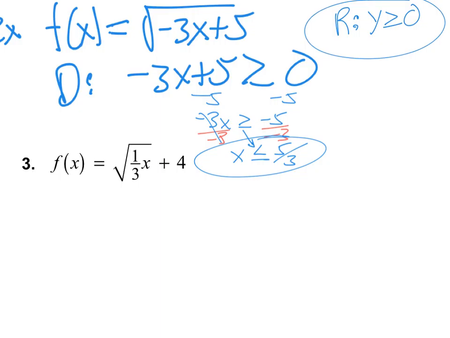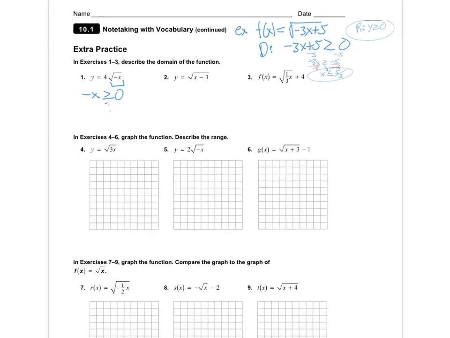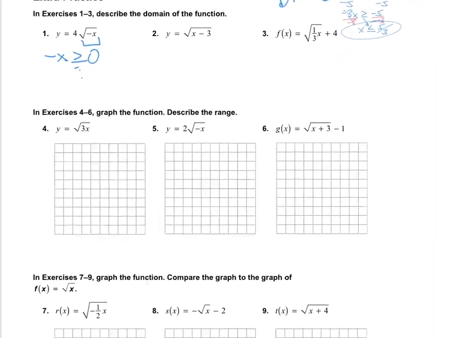So set the inside greater than or equal to 0. Solve it. Flip the sign if you need to. That tells you your domain. Range you can get from graphing and seeing what that comes up with, or just notice if it's moved up or down. All right, we'll give those a try, practice it up, and you'll do well.